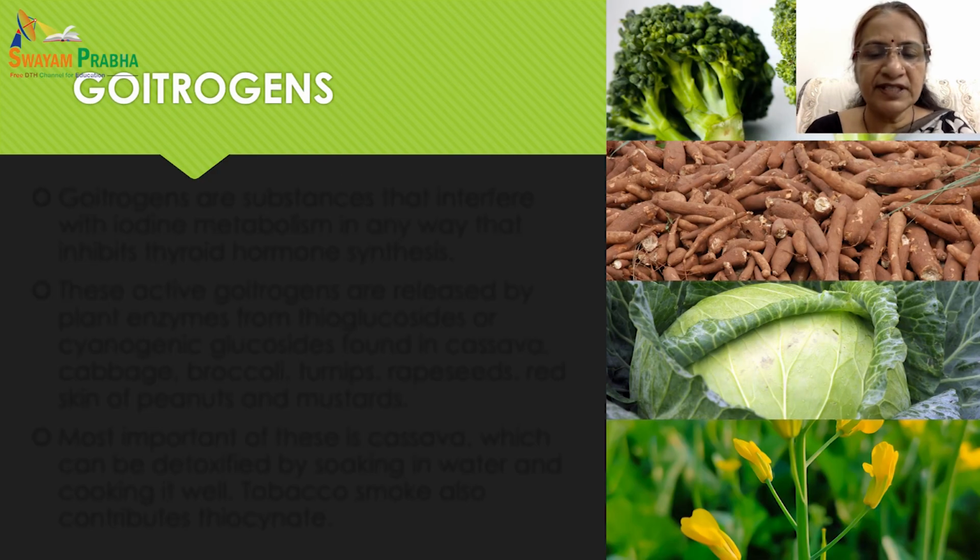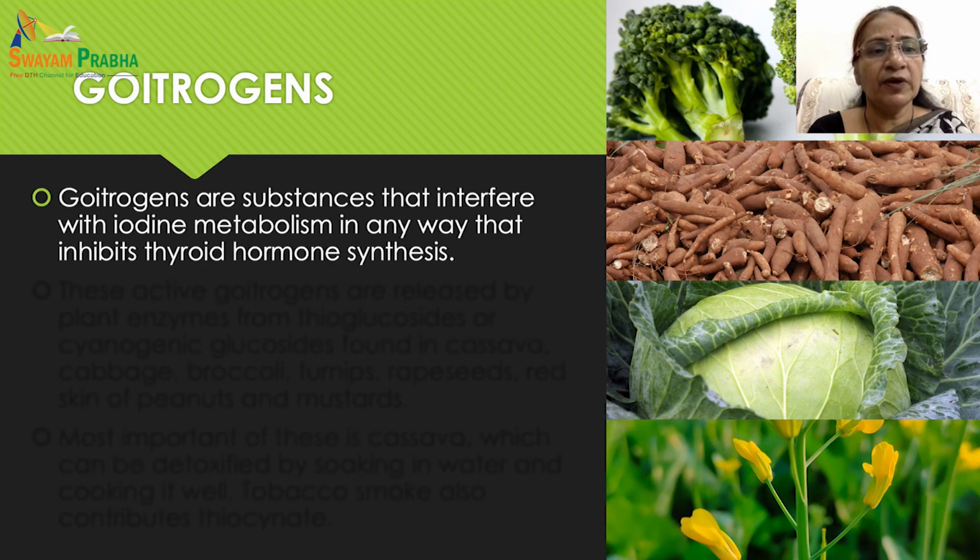Now, after studying goiter, we must also study goitrogens. What are these goitrogens? Goitrogens are substances that interfere with iodine metabolism in any way that inhibits thyroid hormone synthesis.